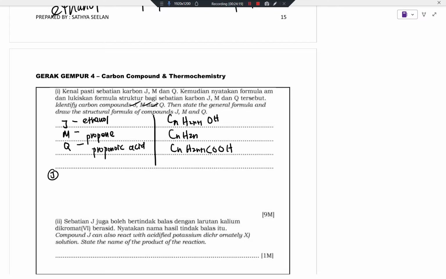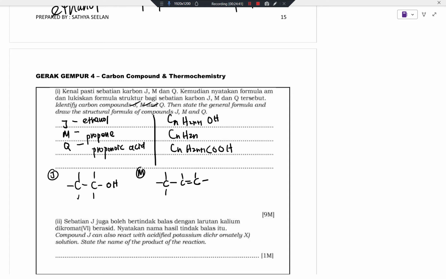J வந்து ethanol. So C2H5OH. Okay, மற்ற இடத்துல ஹைட்ரோஜன் ஆட் பண்ணிருக்கீங்க. M வந்து propene, second member. Propene வரணும். Okay, C 1 2 3 4 5 6.